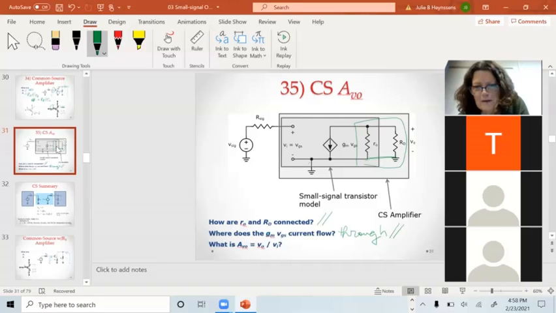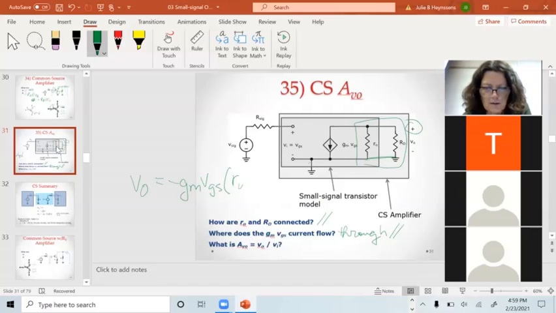So my AVO, my VO over VGS, we've done this 100 times already, I have a negative current. My VO, this is Ohm's law, negative current going in because my positive side's here, is negative GM VGS times RO in parallel with RD. And this is what we've been calling big RO.